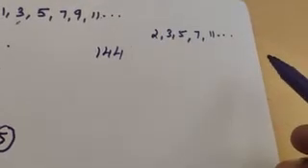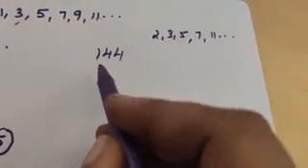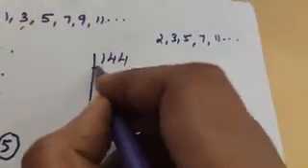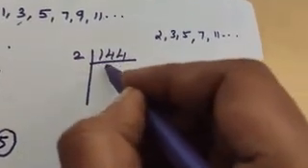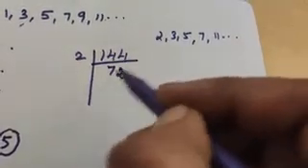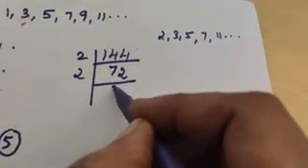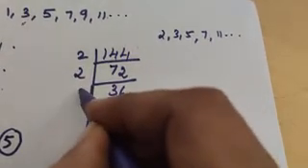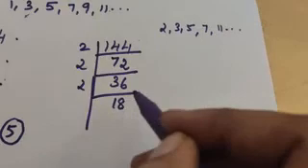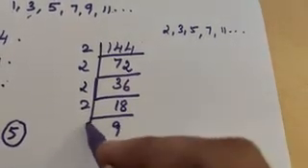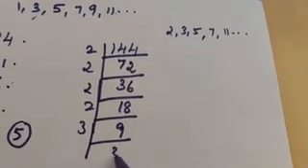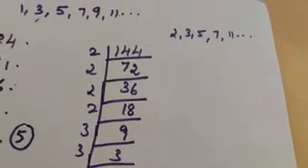Using these numbers we divide the given number. So 144, first we divide by 2. It is 72, again by 2 it is 36, again 2, it is 18, 2, 9, and then 3, 3, and the value will be 1.